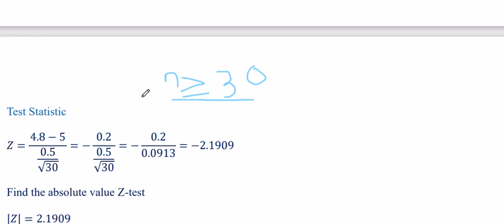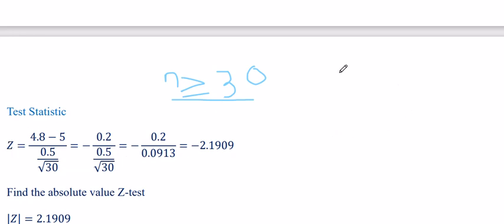Just like the central limit theorem, as you increase the sample size, the distribution tends toward normal distribution. So that's why we are making use of z-test.